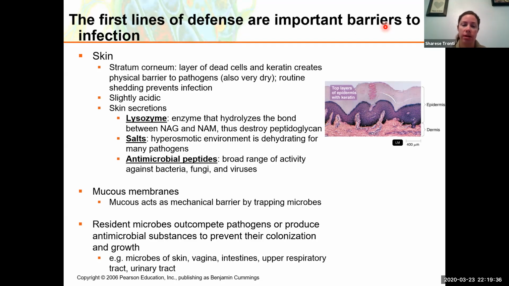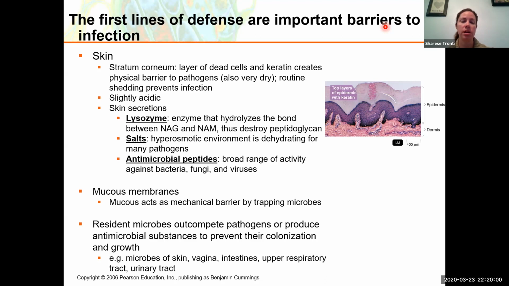The mucous membranes are also a first line of defense, and they produce mucus in this area. And what the mucus does is it traps the microbes, and then the mucus will be circulated out of the body, and so any trapped microbes that are in that area will be removed as that mucus is also removed.